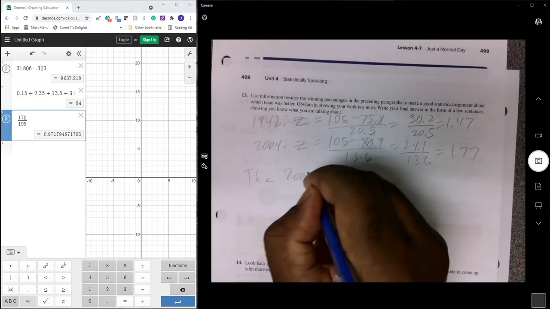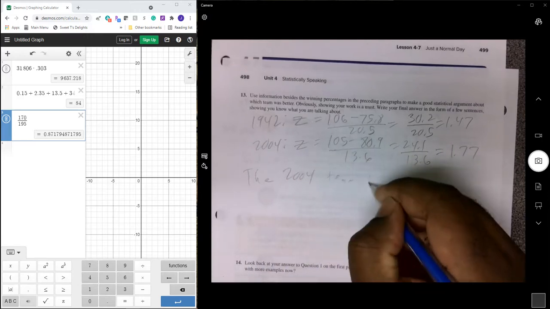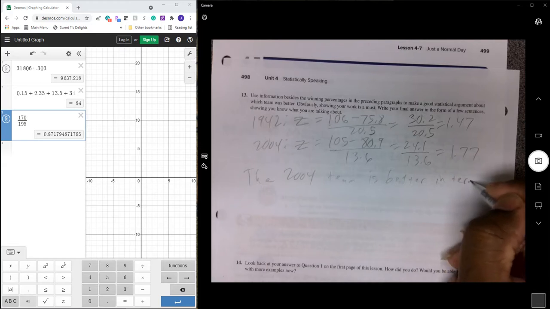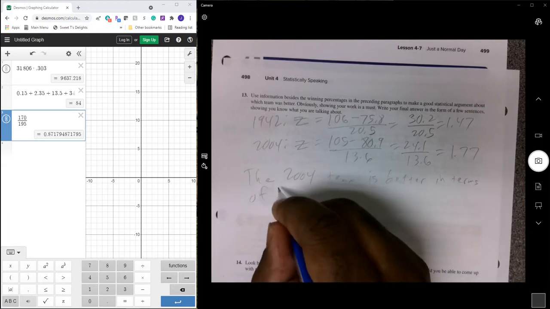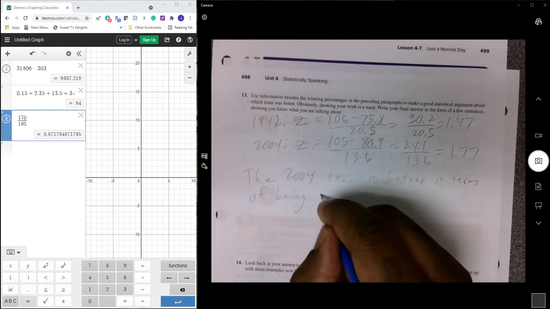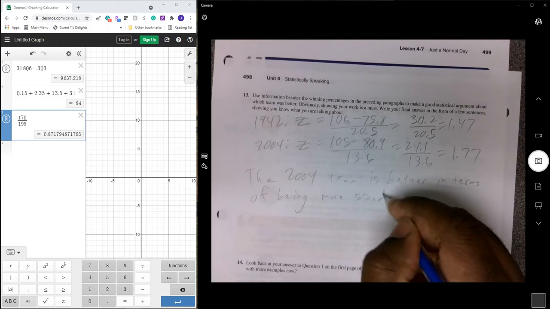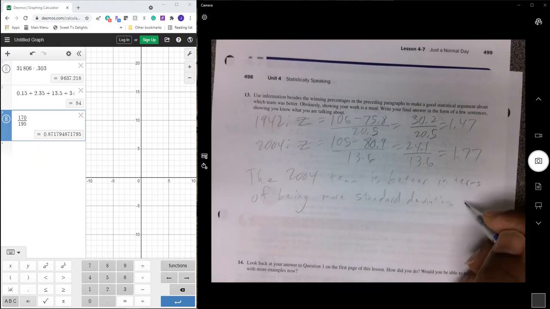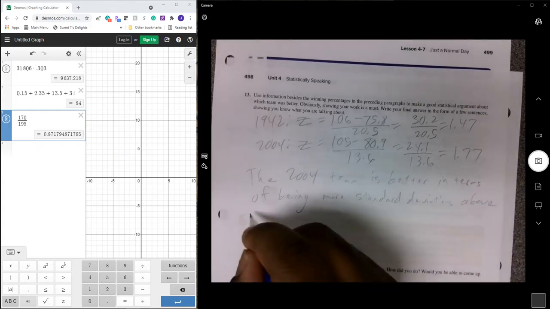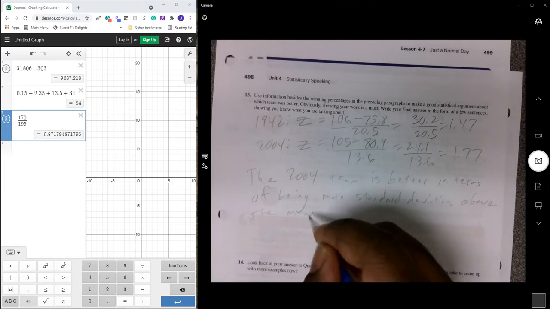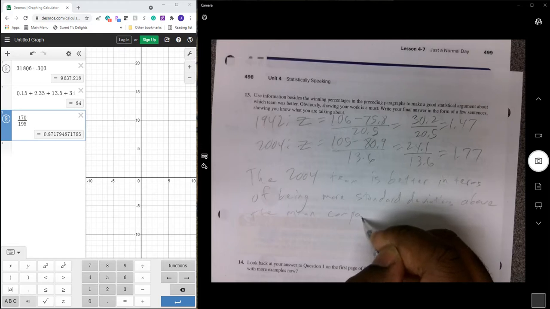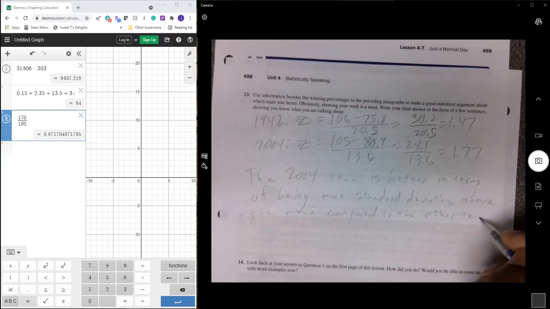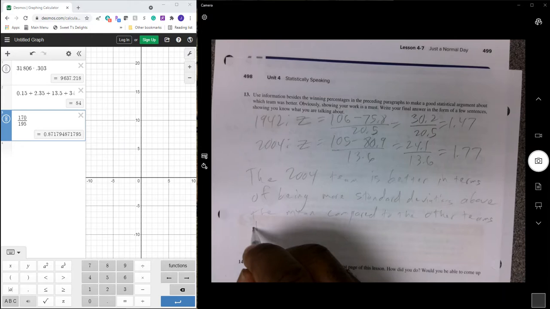So the 2004 team is better in terms of being more standard deviations above the mean compared to the other teams that year.